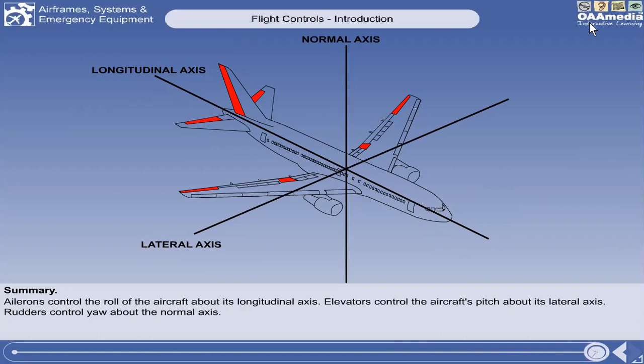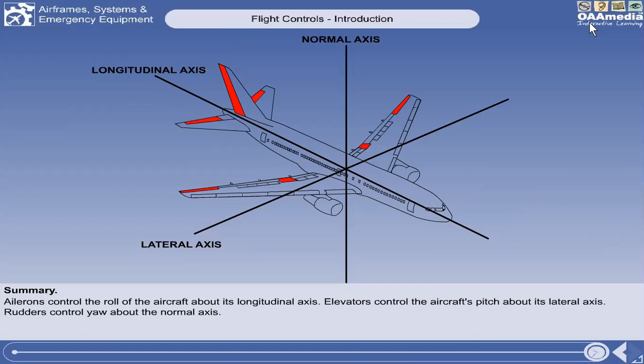Take note of this. The movement of the ailerons is about the longitudinal axis, but it promotes lateral stability, or stability along the lateral axis. Take note of the two terms, along and about. Elevators control the aircraft's pitch about its lateral axis, but elevators provide stability on an aircraft along its longitudinal axis.